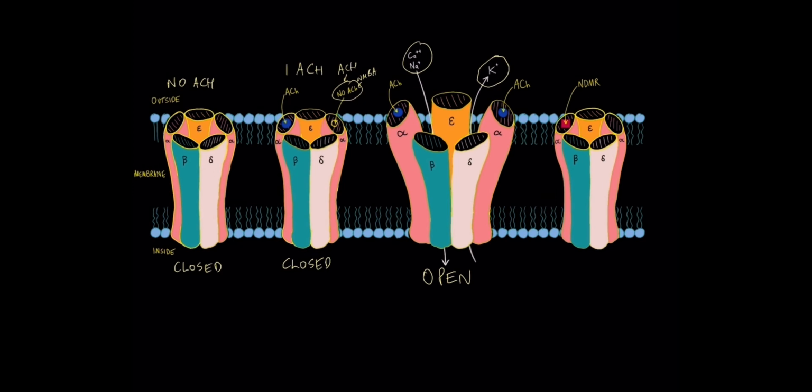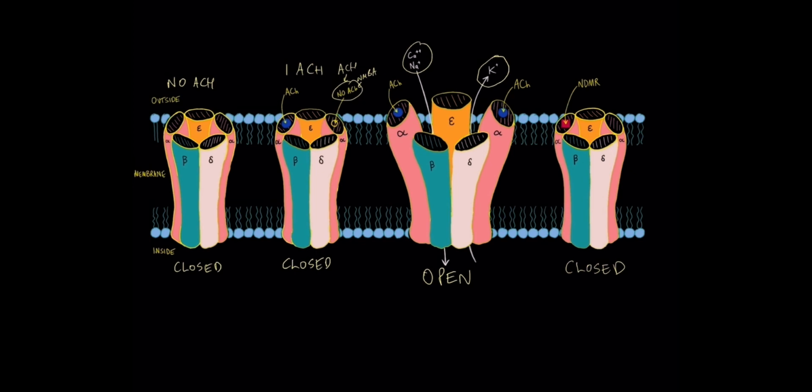And then finally, on the right here, this receptor, again, is closed. But this one's closed for a different reason to the ones on the left. This one's closed because we have a drug or a molecule blocking one of the 2 binding sites for acetylcholine. We're foreshadowing some future videos, but this is a non-depolarizing muscle relaxant.